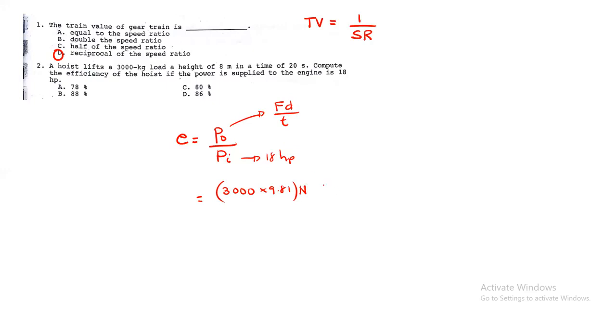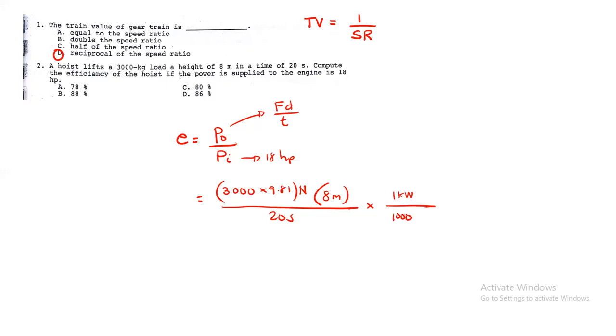So ilan yung distance niya? So distance is may 8 meters divided by time na 20 seconds. So Newton meter per second. So times 1 kilowatt per 1,000 watts.